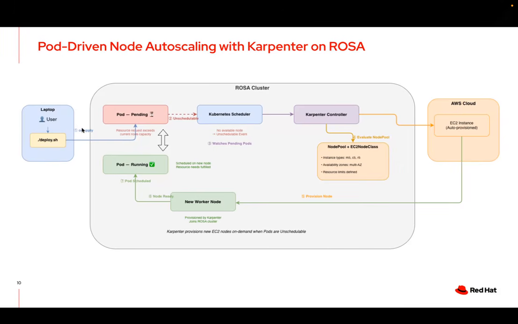Basically, we trigger some pods to run, and the pods will be in pending status because they are requesting some resources that do not exist. Then the Kubernetes scheduler will monitor this behavior, and the Karpenter controller will take over. It will interact with, in this case, AWS Cloud, and before it starts provisioning, it will do an evaluation. This evaluation is a key feature of Karpenter.